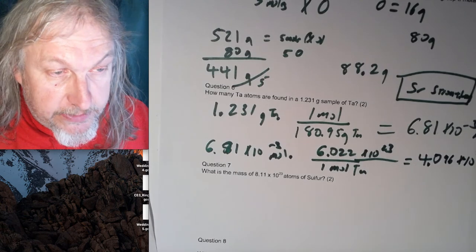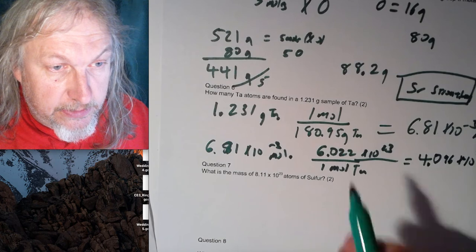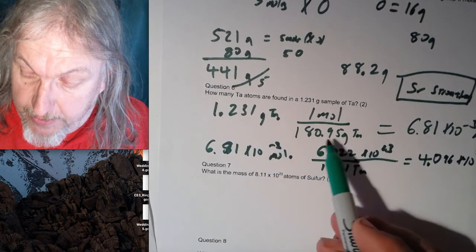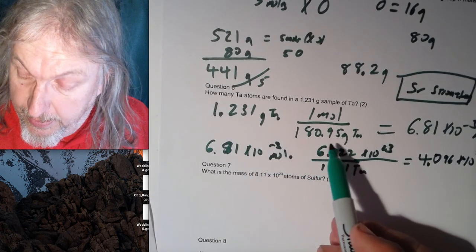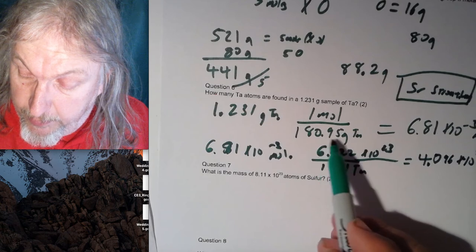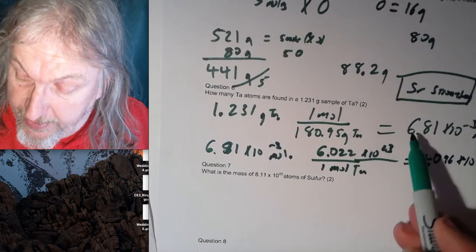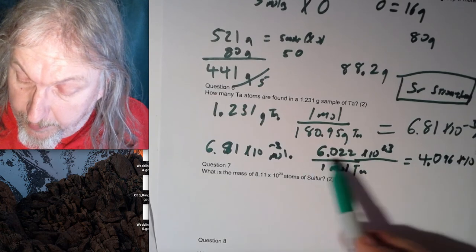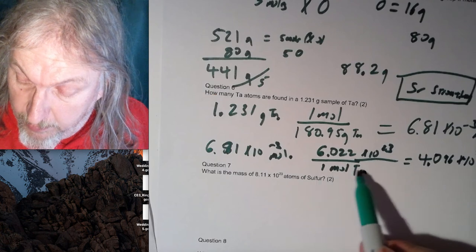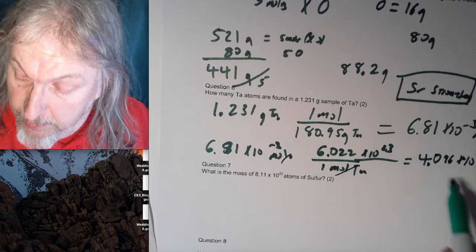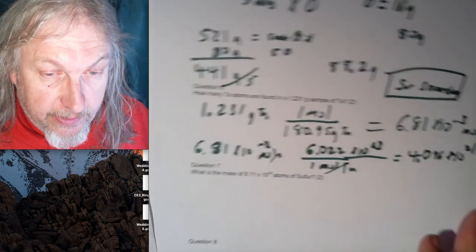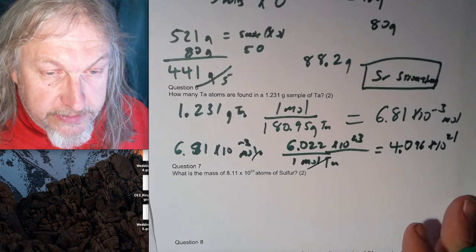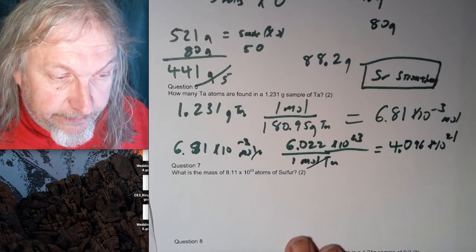Let's make sure that makes sense. Yes, I had a 1.231 gram sample of tantalum and 180.95 grams divided by that gives me the moles. Multiply by the number of atoms in a mole, that's what I get. Okay, that would be 4.096 times 10 to the 21st.